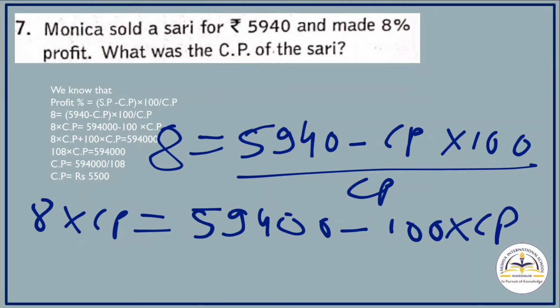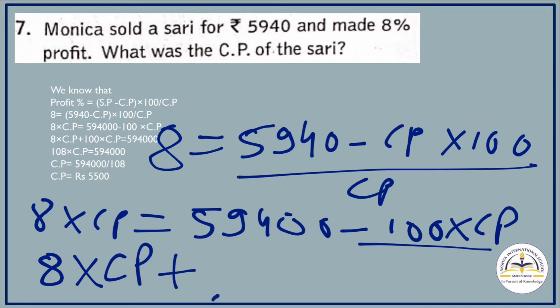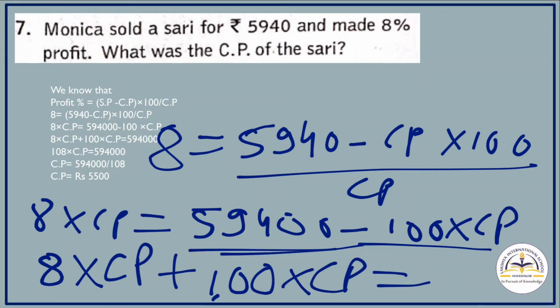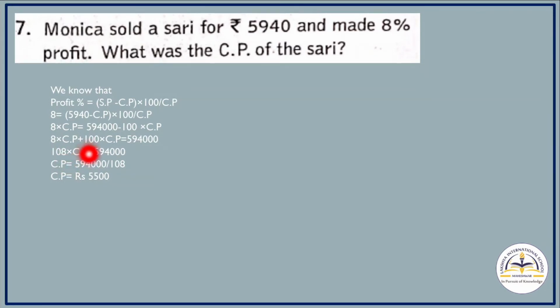Now we will solve this one also. 8 into CP plus, when you will transfer this to the LHS side, it will become a positive sign. 100 into CP equals to this number, and then 100 plus 8, it means 108 into cost price equals to 594000, and then you have to divide 5,94,000 by 108, and whatever the answer you got, that is 5,500, that will be the cost price.